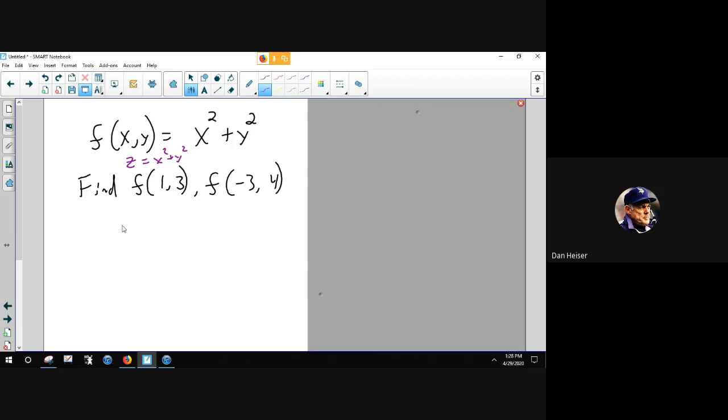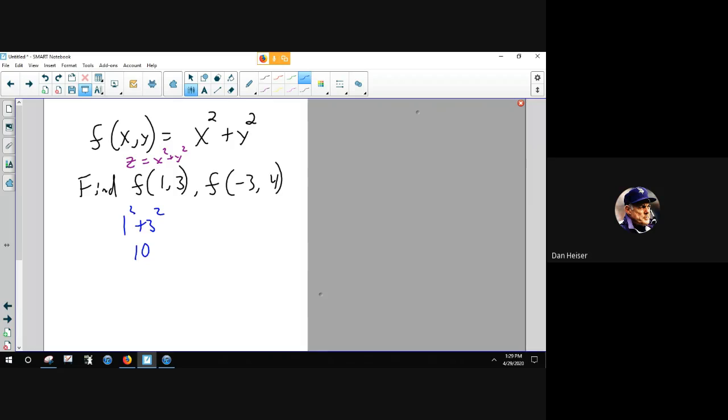And an ordered triple means we're graphing in 3 dimensions. Let's see what happens here. f of 1, 3. Well, the number to the left of the comma gets plugged into this spot. Whatever's to the right of the comma gets plugged into that spot. So I have a 1, 3. This is 1 squared plus 3 squared, which is 10.